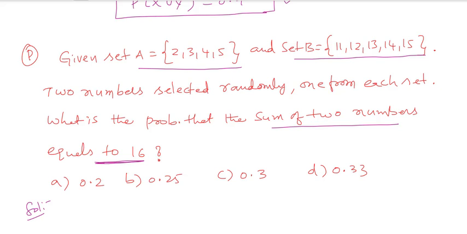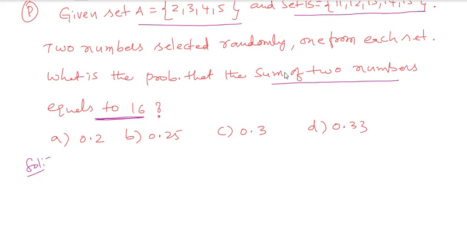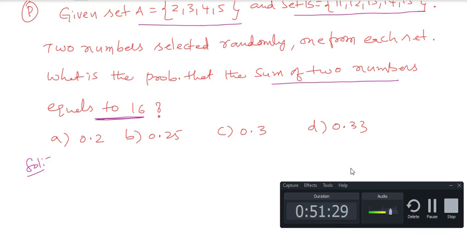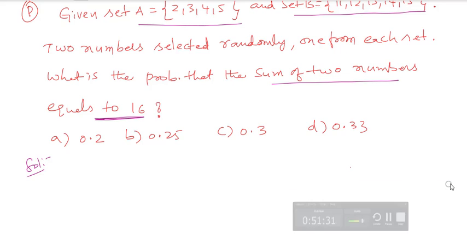So what is this one? Sum of two numbers is 16, that is required. So how will you do it? Sum of two numbers is 16 means what? Let me take the favorable cases.